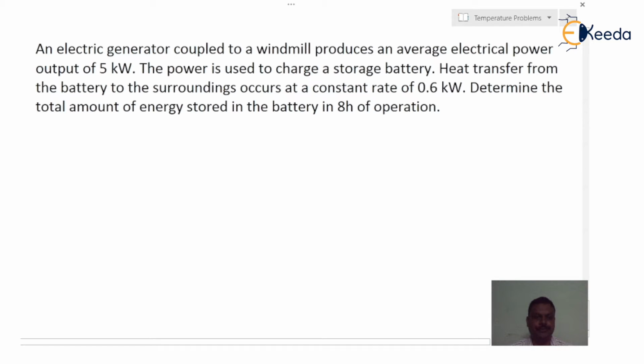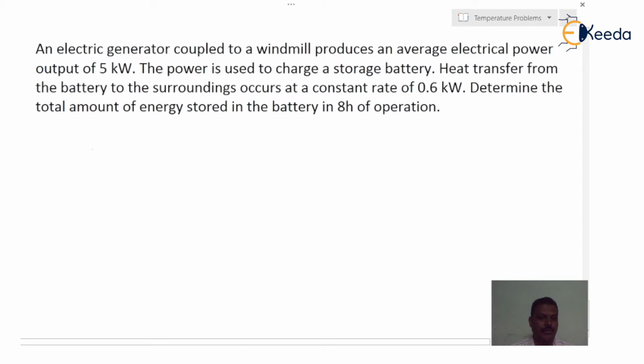So here the electrical generator coupled to the windmill has an electrical output of 5 kilowatt. This power is used to charge a storage battery, so work is done on the storage battery.